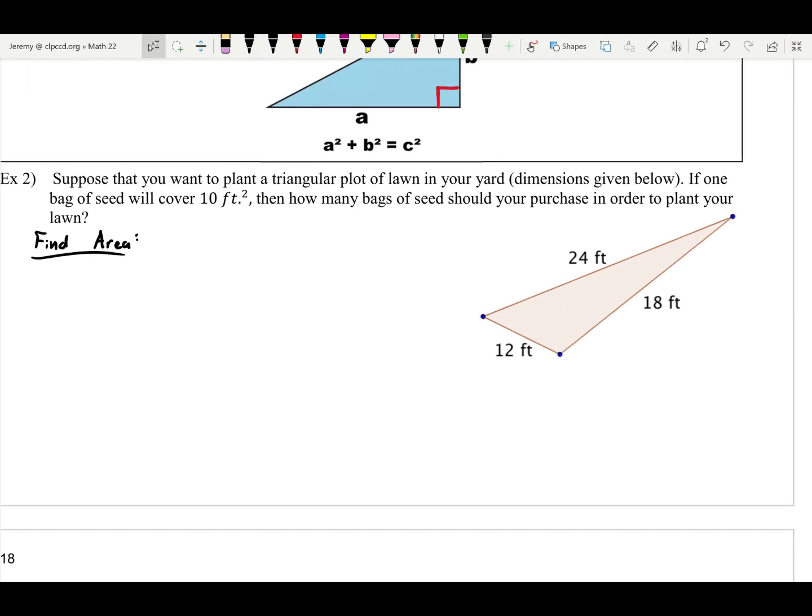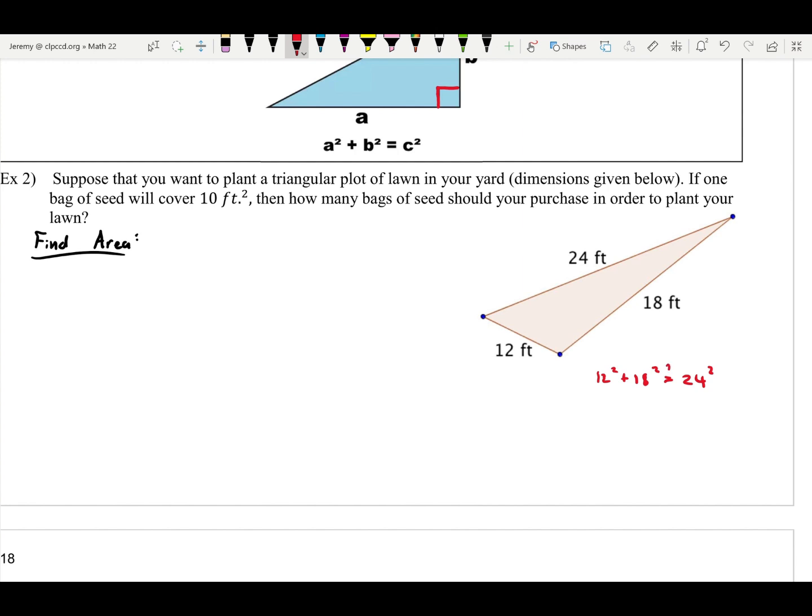And looking at this triangle, is this a right triangle? It doesn't look like it, okay? This is scalene. We've got these 3 different side lengths, 12, 18, 24. If you weren't sure and you wanted to check to make sure that this wasn't a right triangle, you could just look at the Pythagorean theorem and check, does 12 squared plus 18 squared equal 24 squared?